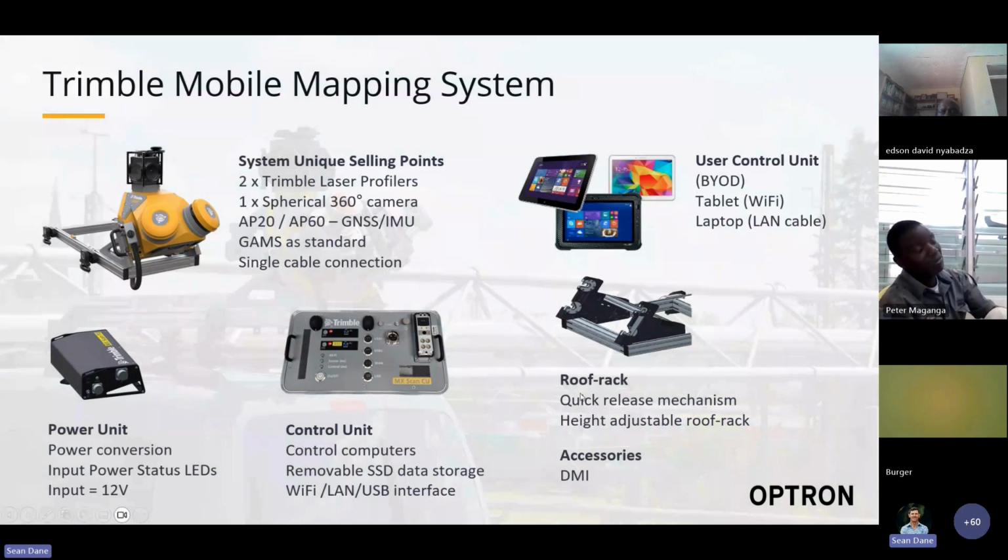And then on the right-hand side, we have a roof rack and then some accessories. You also may need a DMI, which is a distance measuring instrument, and you'll utilize that in environments where you have limited GNSS. It plugs onto the wheel, one of the rear wheels of your vehicle, depending on which side of the road you drive. You'll put it on either side that makes the most sense.